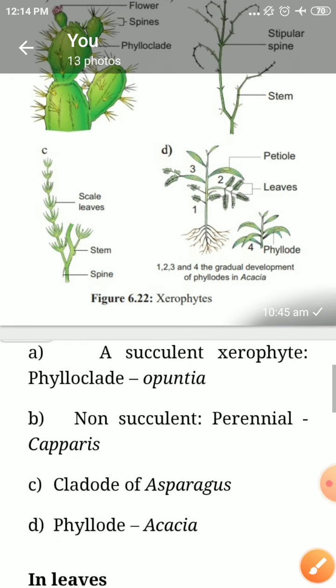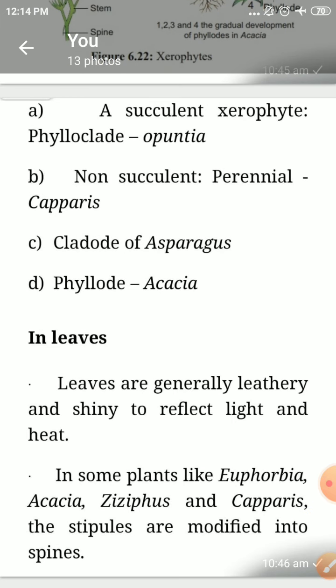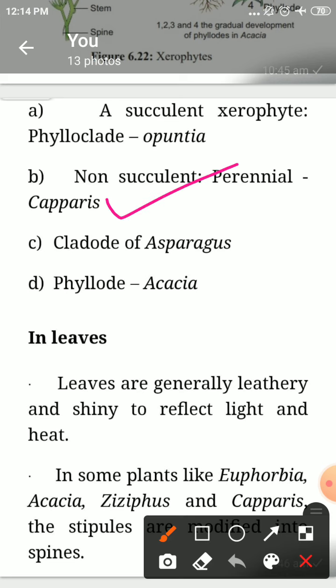So this is about certain characteristic modifications and adaptations seen in xerophytes. A succulent xerophyte has a phylloclade, as we have seen in the image of the Sabar Opuntia plant. Now, non-succulent perennials, for example, in our region there is a plant called Capparis, our Kiral plant. The stem itself is green, very crowdedly branched, and the leaves are totally absent.